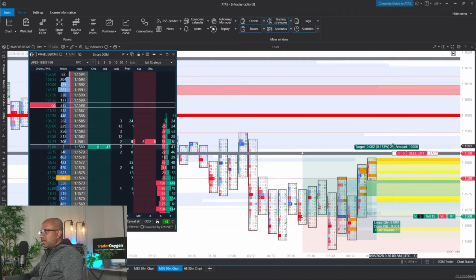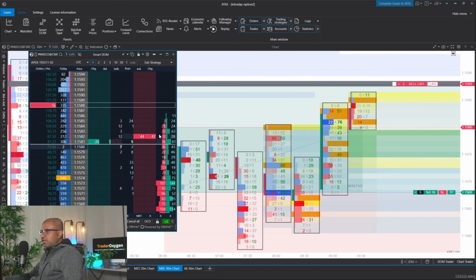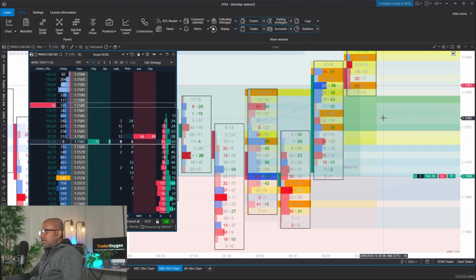If you look at the smart DOM, and even here in the footprint, you can see more aggressive sellers in these numbers. That's why I said the ATAS platform is very powerful compared to TradingView, where we can see this real-time information. You can see aggressive sellers here in action.